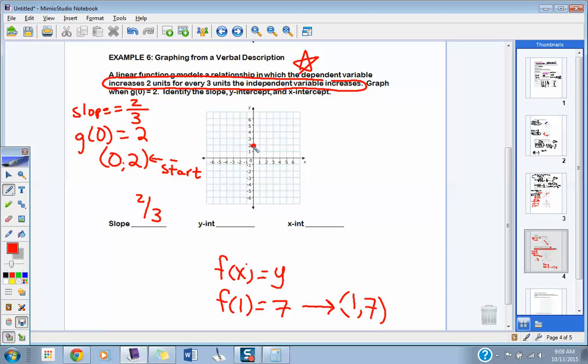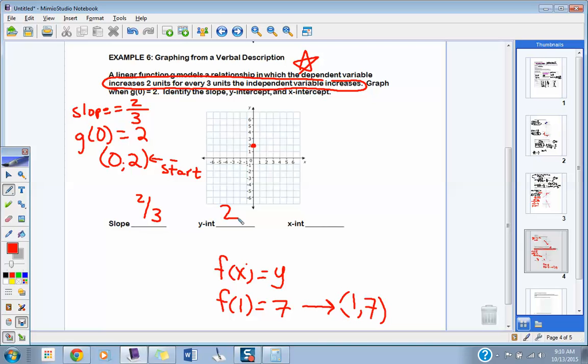Wait a minute. That g of 0 equal 2 is really the point 0, 2, and that 0, 2 falls on which axis? That makes 2 my y-intercept. Okay, I like it. So I've got a starting point for the graph, don't I? In which case, if I start at 0, 2, what can my slope be through that point now?